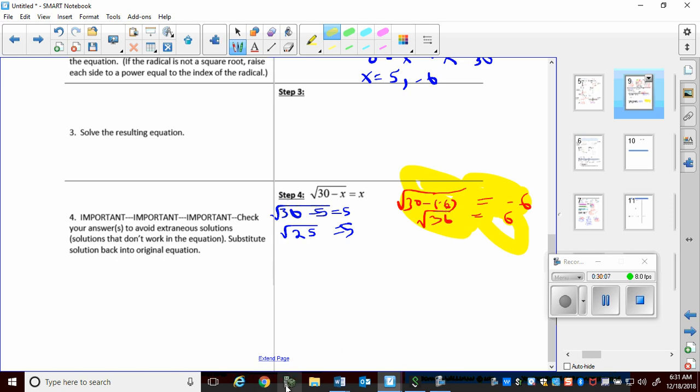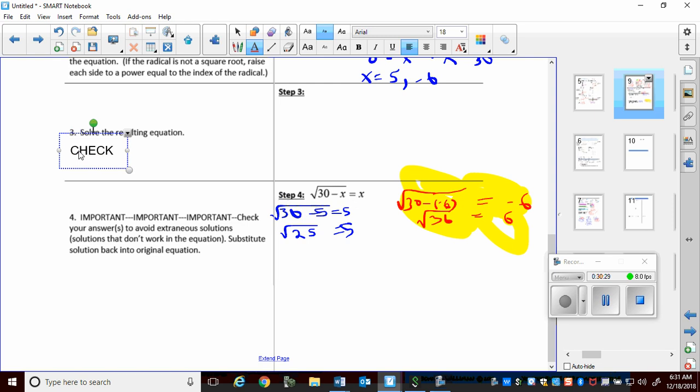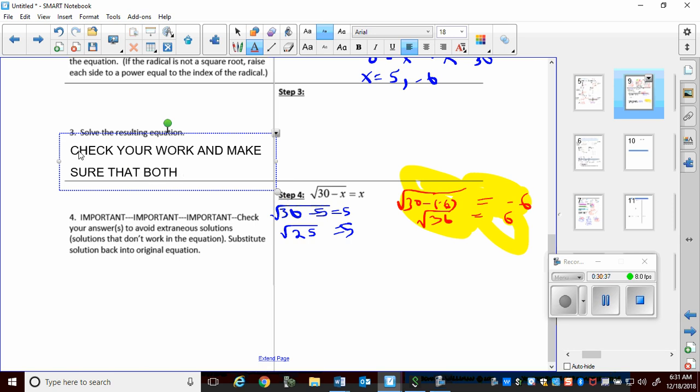Graphically, you can see it in your graphing calculator. If I were to graph this equation, I would not see -6 as a 0. I'd see 5, but I wouldn't see -6. So be careful. When you have variables on both sides, check your work and make sure that both answers are valid algebraically.